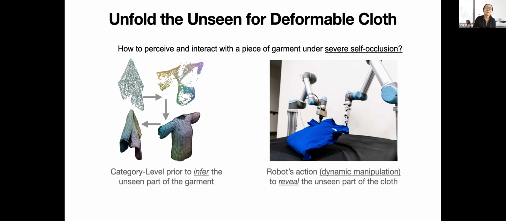However, each project demonstrates a slightly different idea and approach. The first project leverages strong category-level priors of garments in order to infer the unobserved surfaces, while the second project uses robust physical interaction to unfold the cloth in order to reveal the unobserved parts of the cloth.